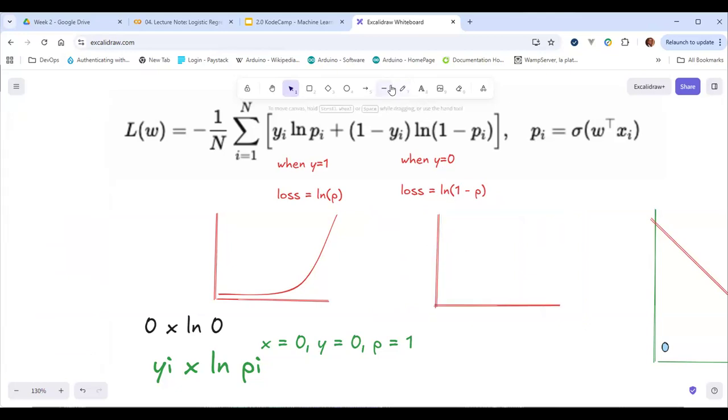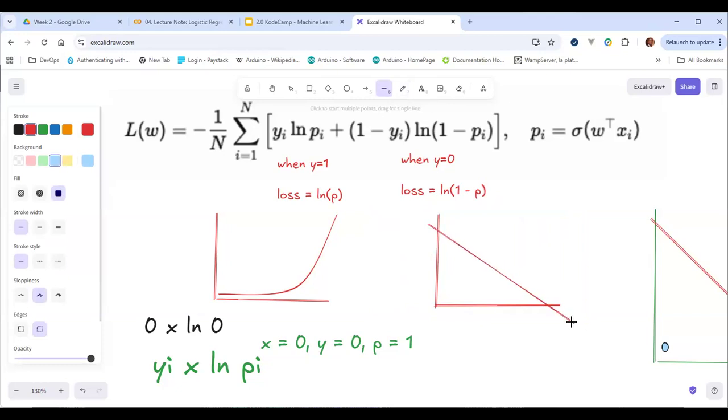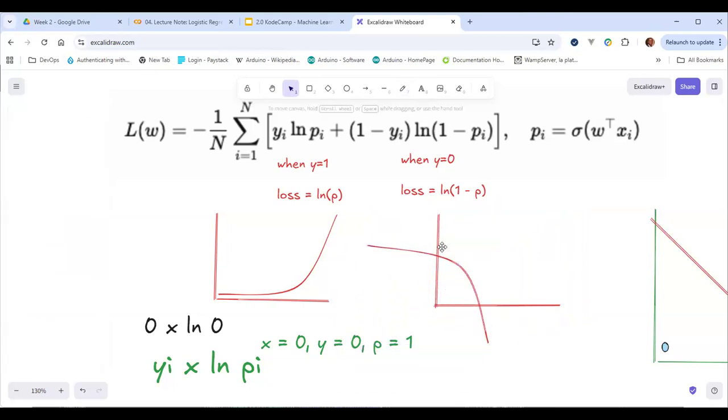Maybe not specifically like this, and sometimes it crosses here or here. So this is how it looks.